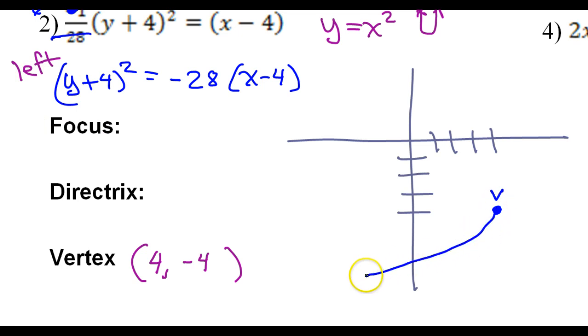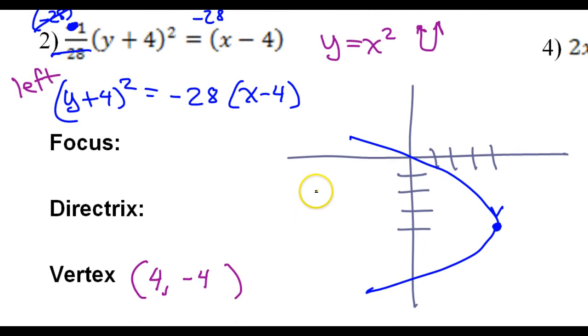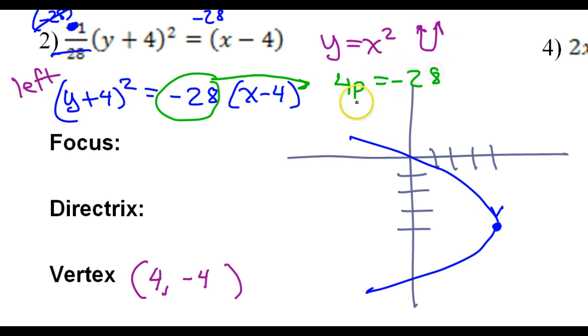So I know it's doing this type of thing because we already discussed it. So all I need is my p-value and I'll be on my way. So the p-value is going to come from this negative 28, don't you know? All right, because I know that 4p is going to equal the negative 28. If I divide both sides by 4, I'm going to get p is equal to negative 7.